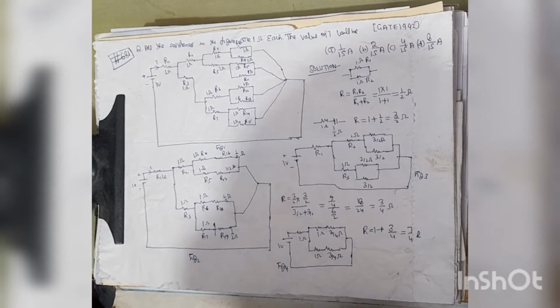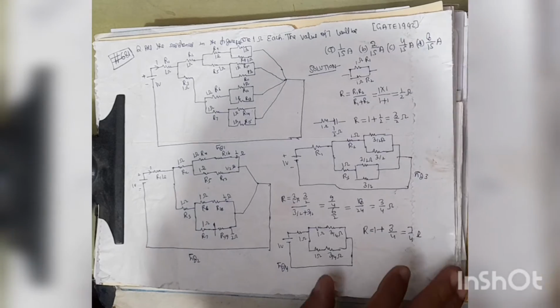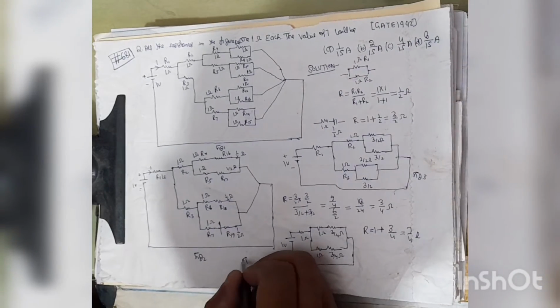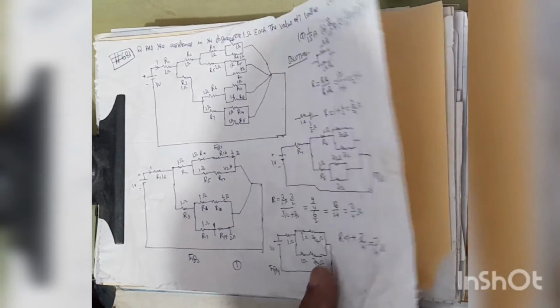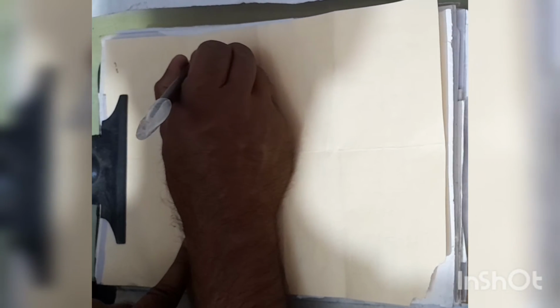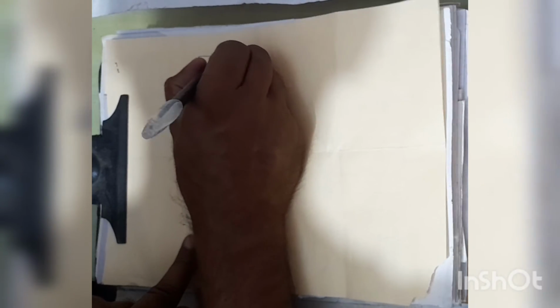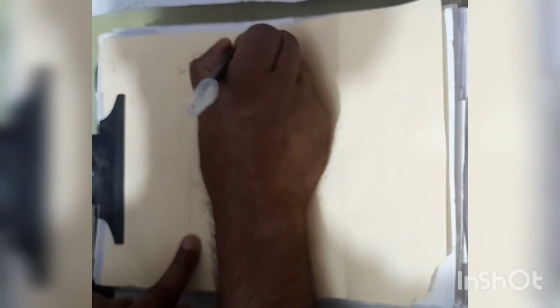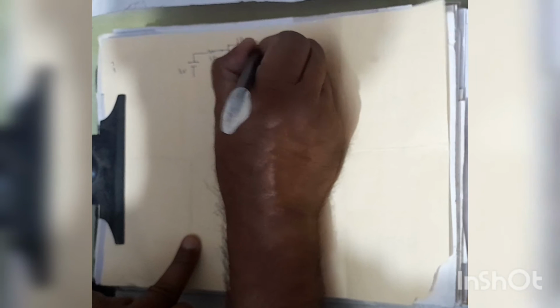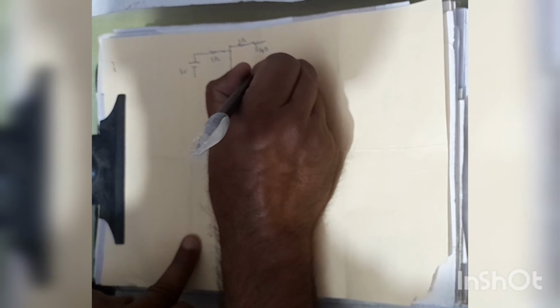I am again redrawing this figure as on the next page. Our last figure was 1 volt in series with 1 ohm, and again 1 ohm in series with 3/4 ohm, and 1 ohm in series with 3/4 ohm.